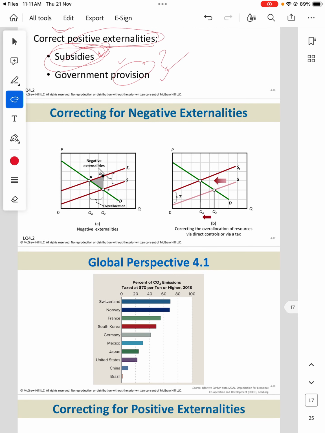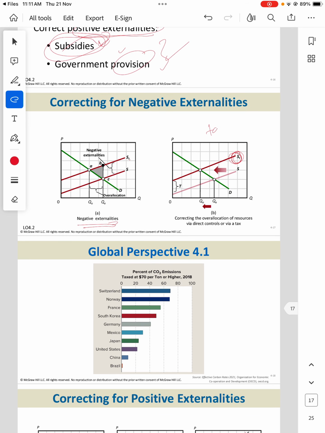Correcting negative externalities: just now we mentioned ST moving to S. How do we make S move back to ST? By imposing tax, so this will move to the left.